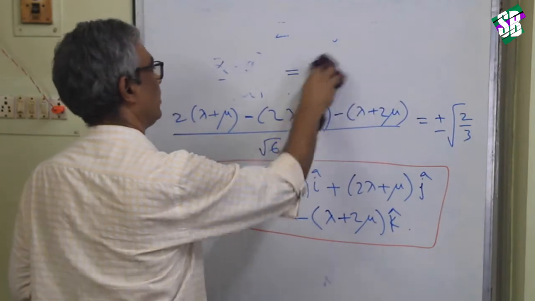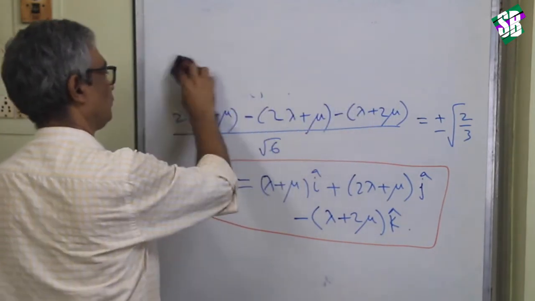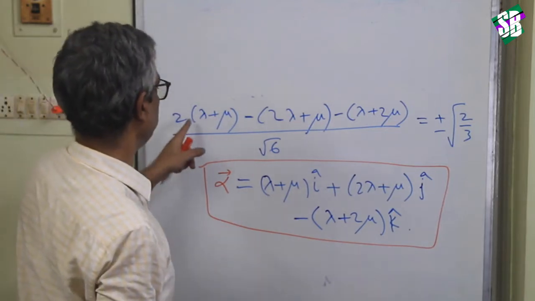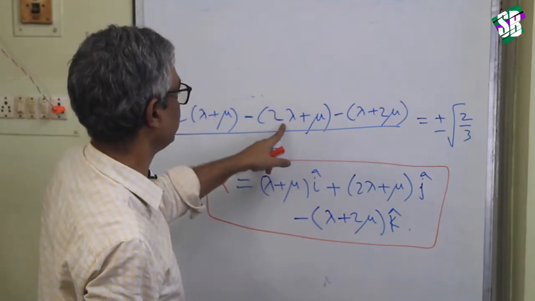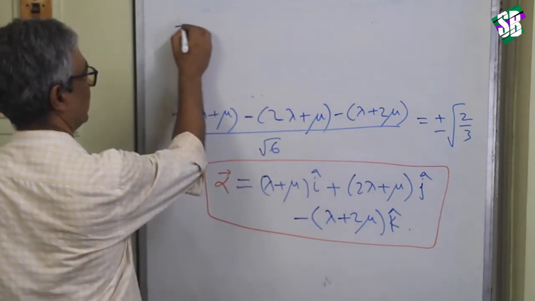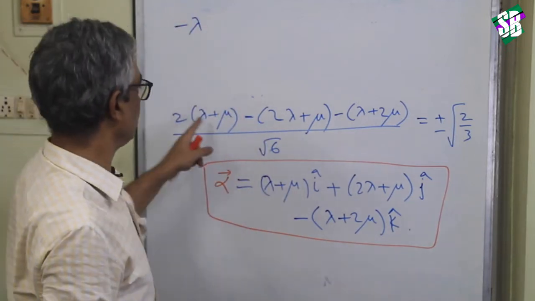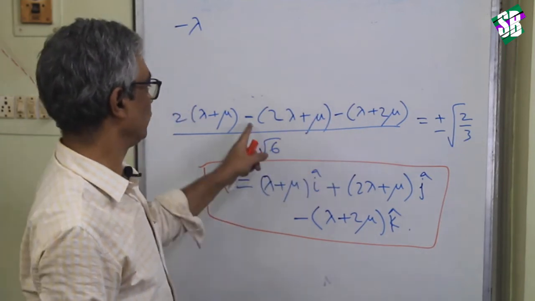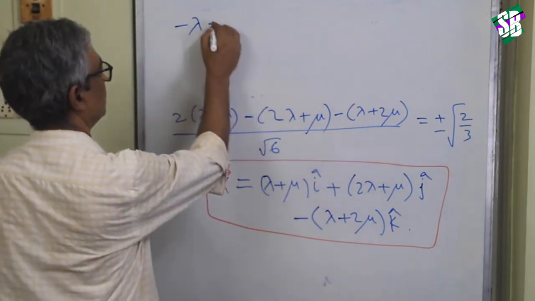So from here, 2 lambda minus 2 lambda cancel out, so this is minus lambda. And this is 2 mu and this is minus 2 mu, which cancel out, so you have minus mu.